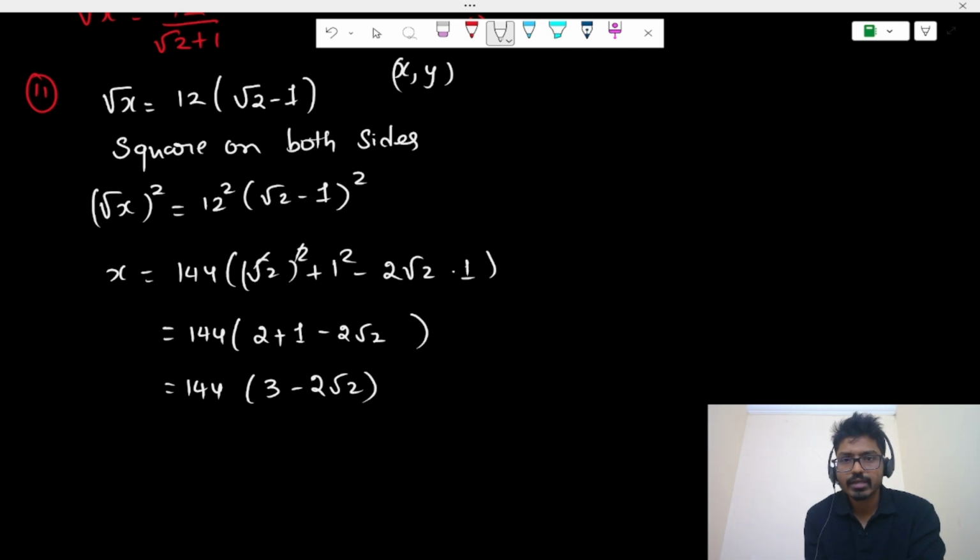So our x value is going to be 144 times (3 minus 2 root 2).